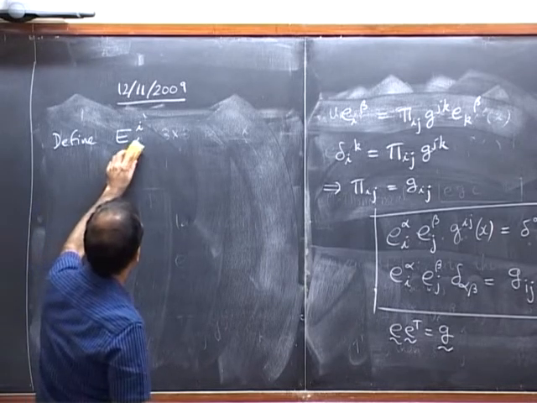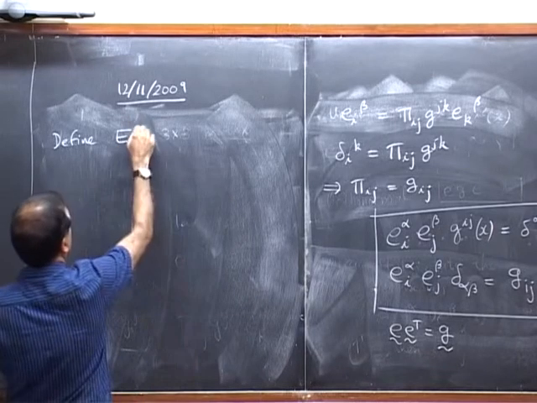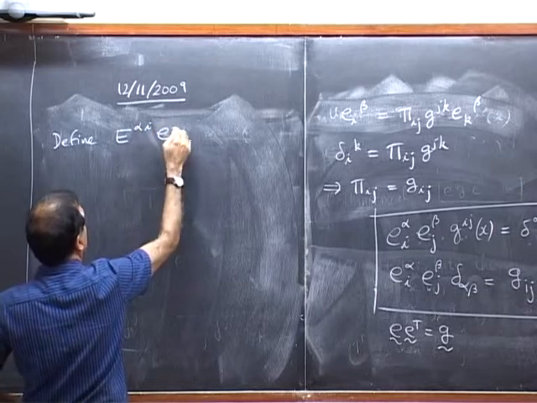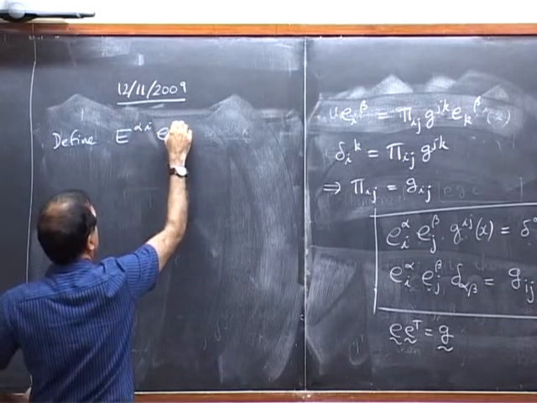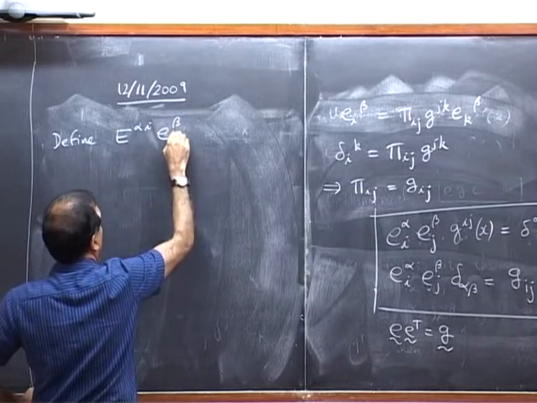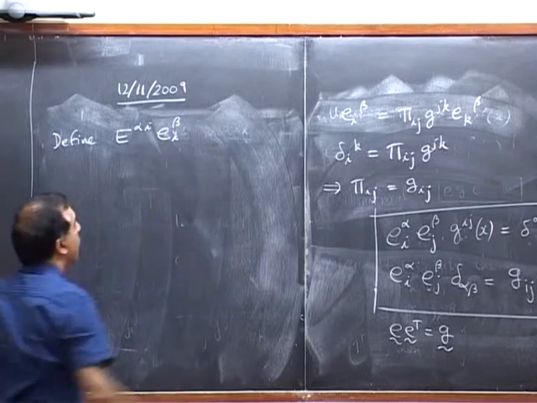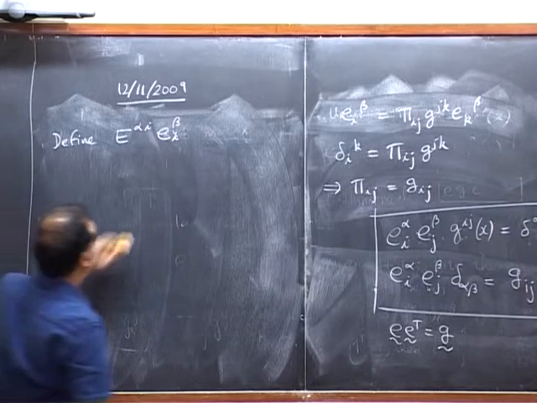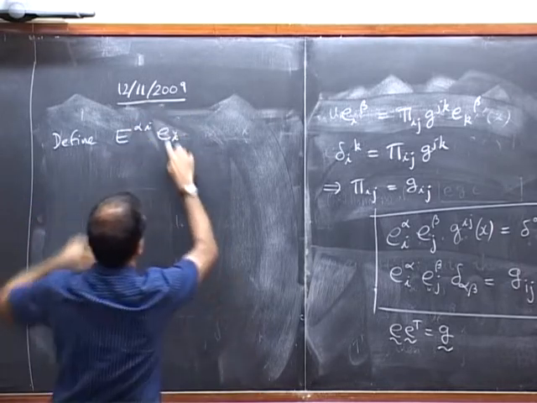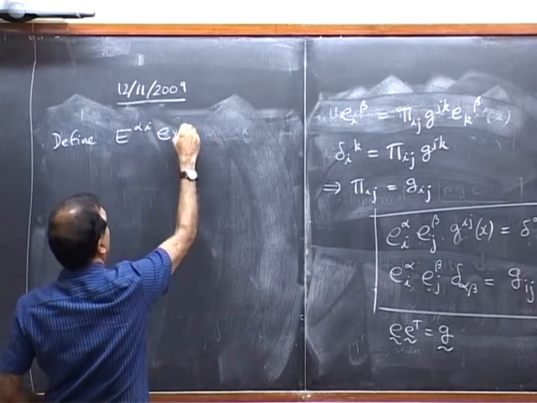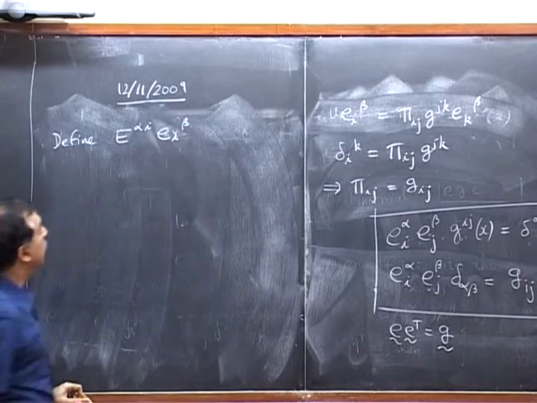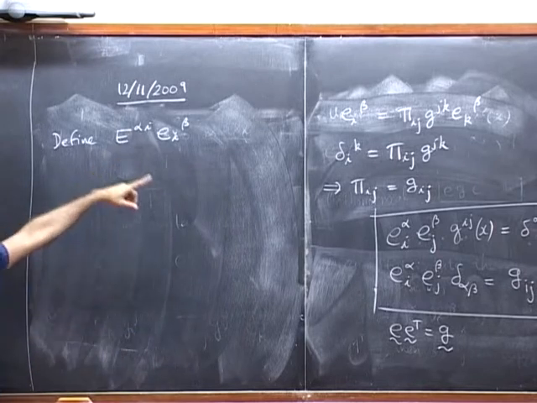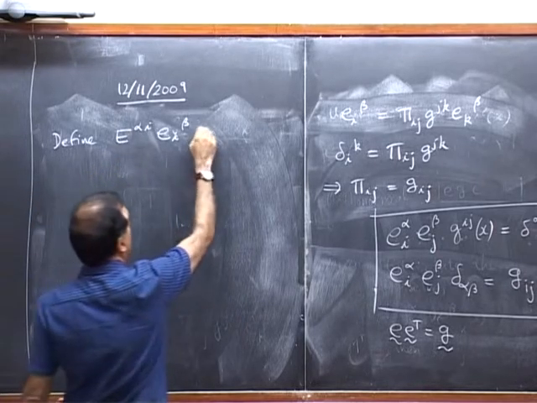Alpha really doesn't matter where it is. Down is a better place for it. So the idea is that we contract in this way. Probably I should think of these small e's as having i first and beta later, and these as having alpha first and i later.